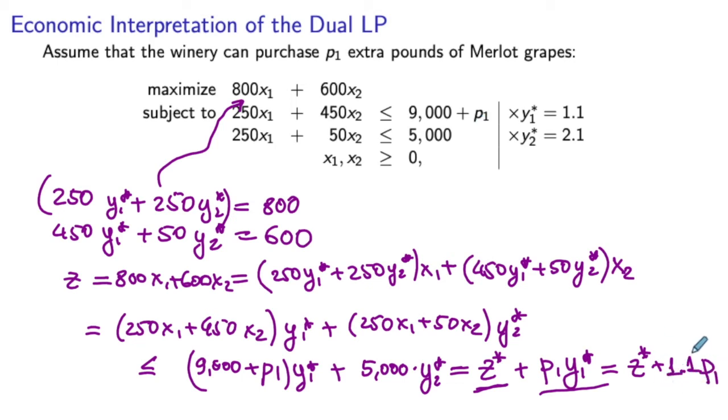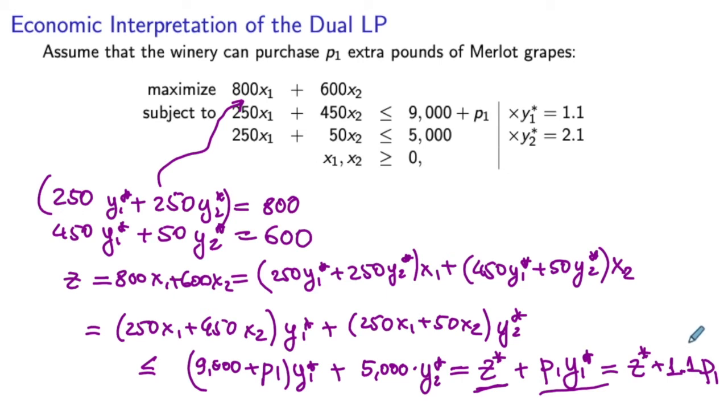But this means that if I overpaid, for example, $1 for this pound of extra resource in addition to what I usually pay, I would still make 10 cents in profit, right?